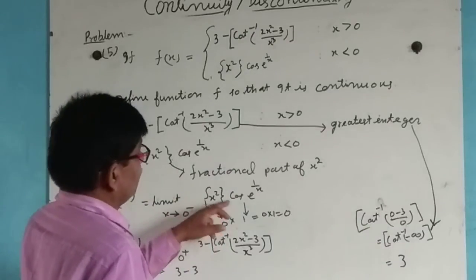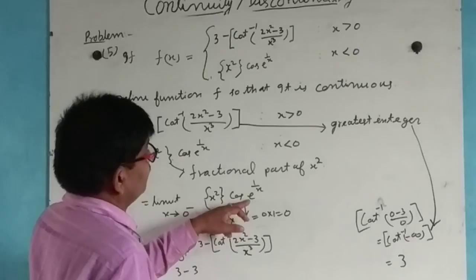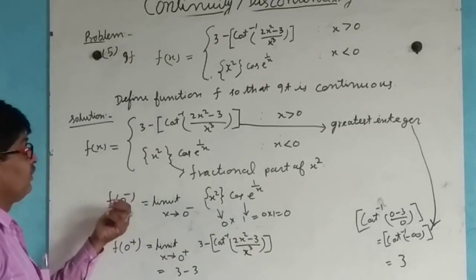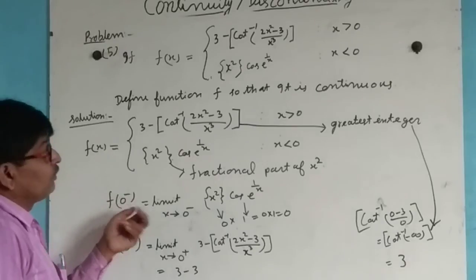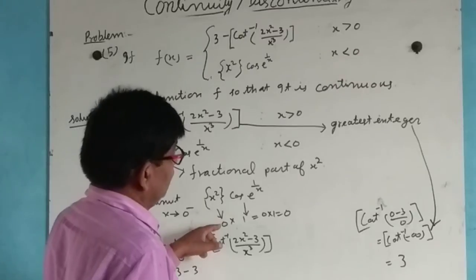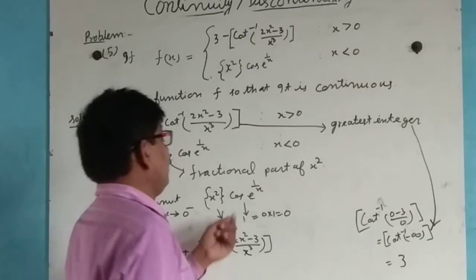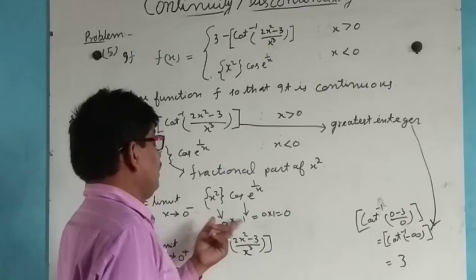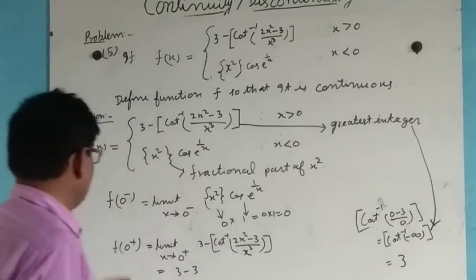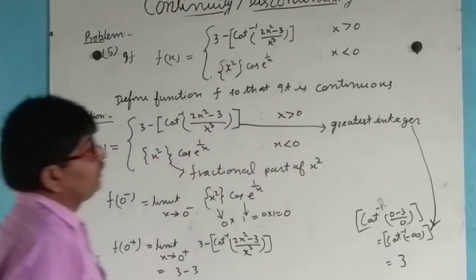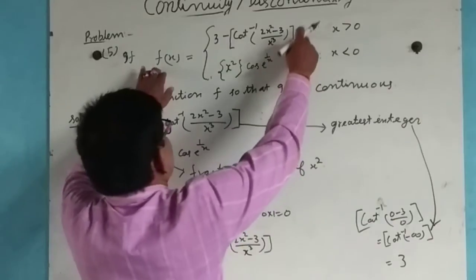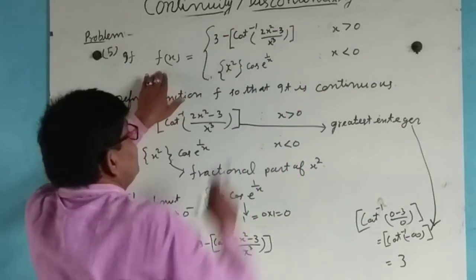We take this because of 0 to the power minus, so x square is 0 and this is equal to cos 0 equal to 1, and after multiplying this becomes 0.